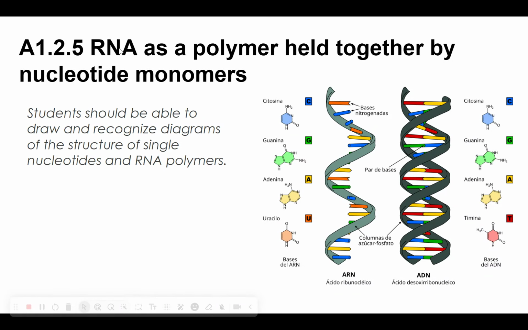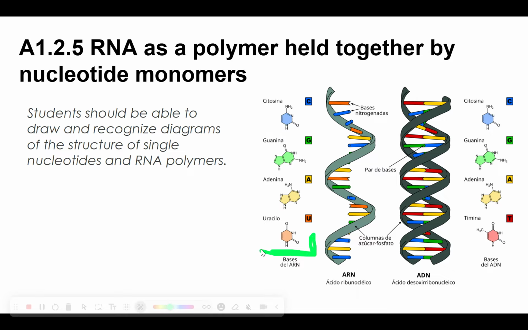Next thing, RNA as a polymer held together by nucleotide monomers. And students should be able to draw and recognize diagrams of the structure of single nucleotides and RNA polymers. This is a little bit where that uracil thing comes in.